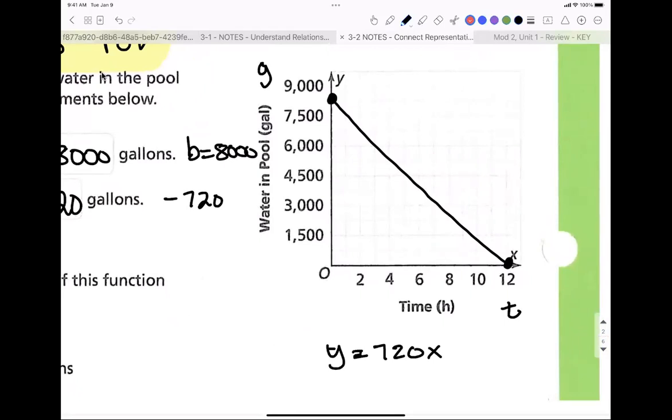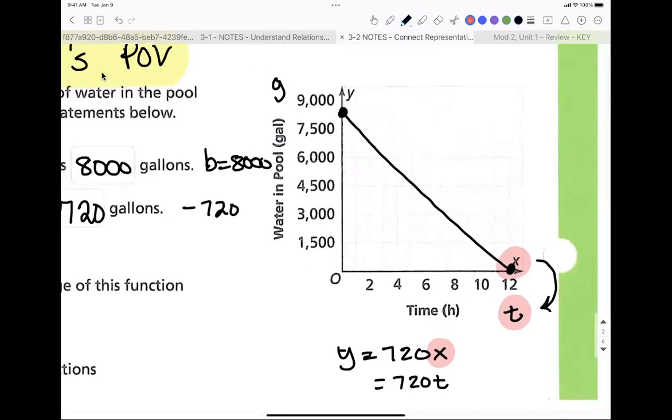And here's the reason. This is our x-axis. It's always our x-axis. But in this case, they want you to use t to stand in place of the x. So in your equation, instead of an x, they wanted you to write a t. Everything else stays the same. The t stands in place of the x because in this particular story, the x-axis is time.